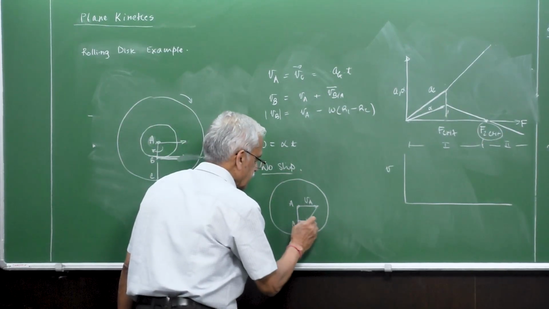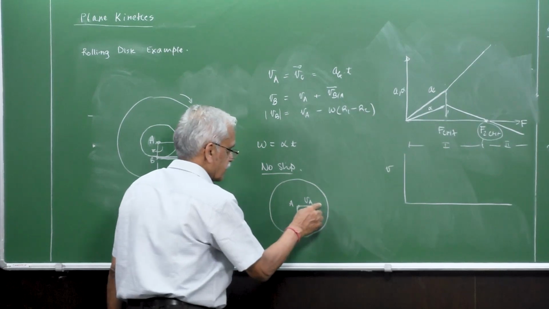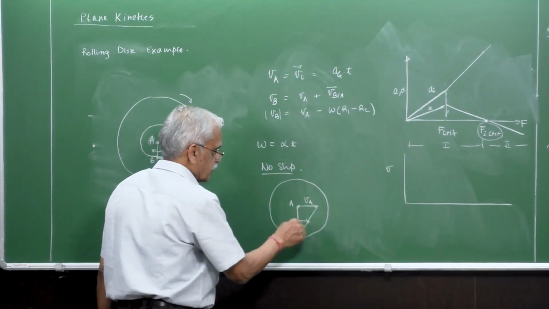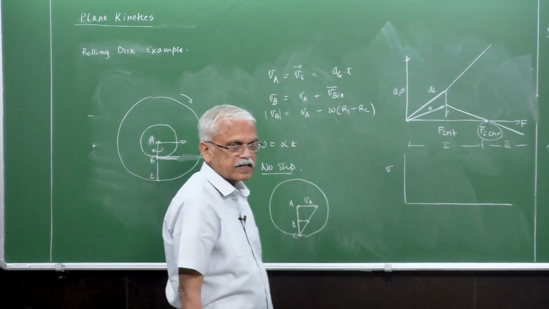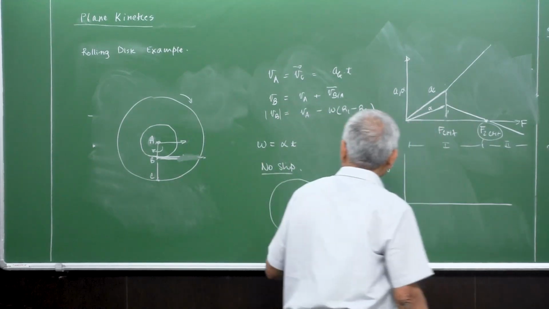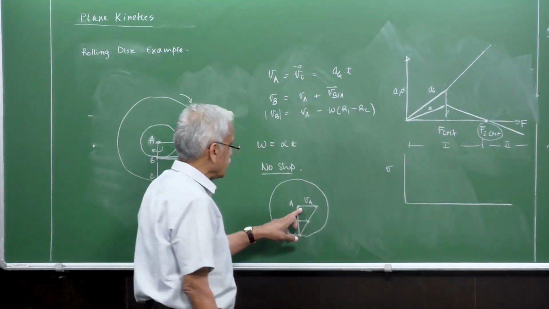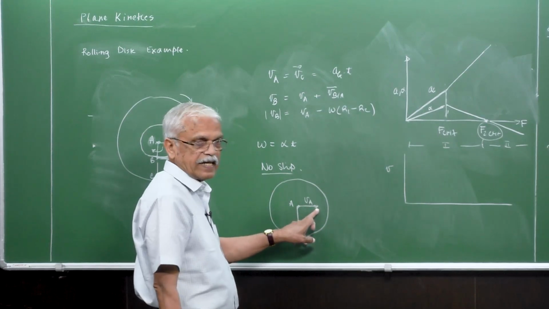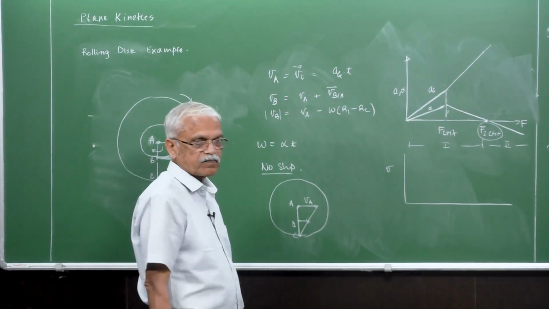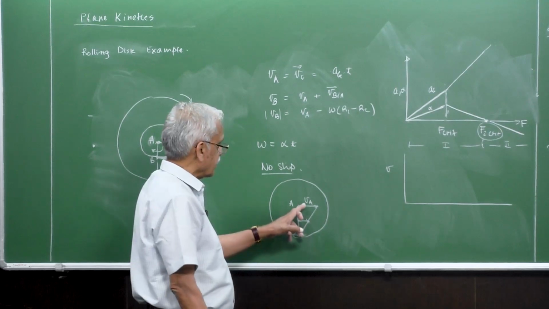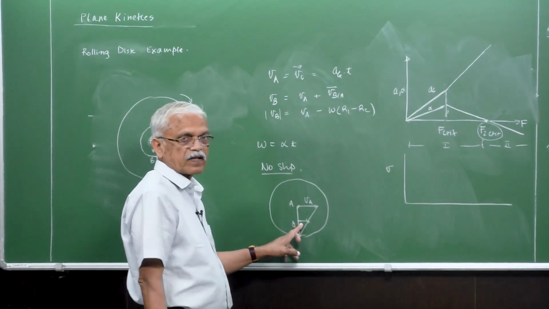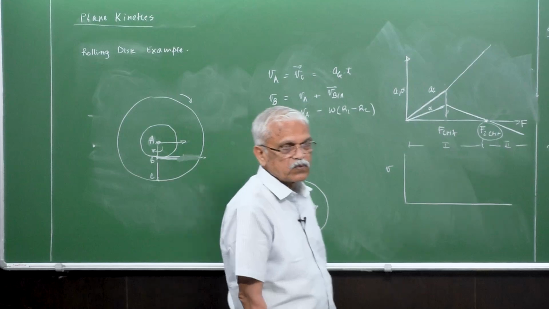Then the velocity of A and velocity of B seem to be on a triangle here like this. So what does this condition say? That means the velocity of point A is more than the velocity of point B, right? Velocity of point A is more than velocity of B for the pure rolling case.